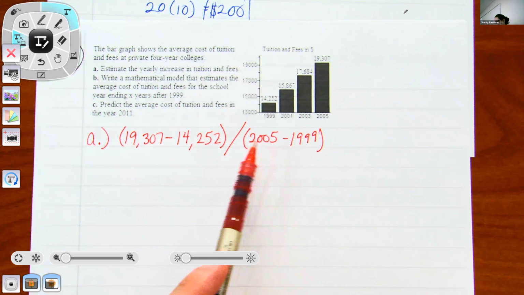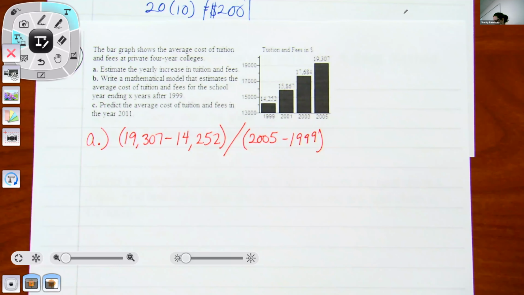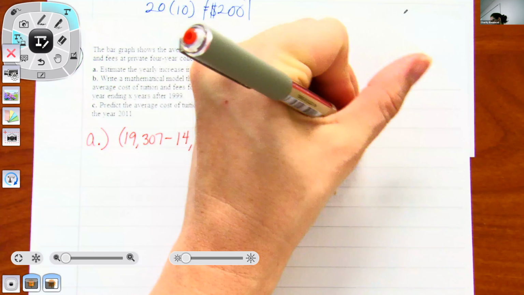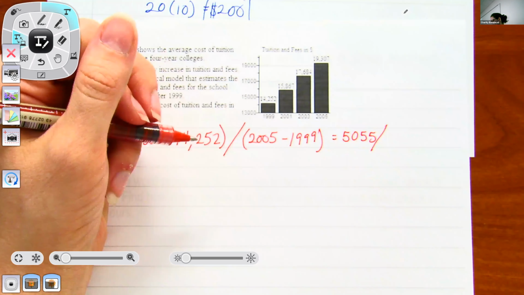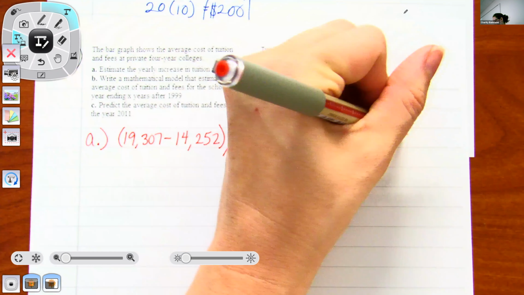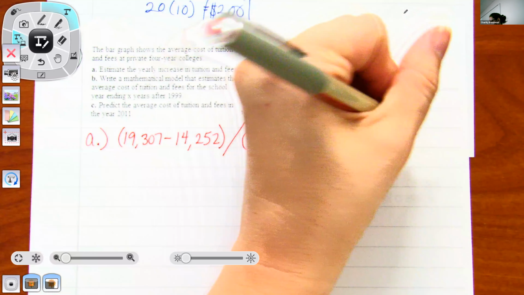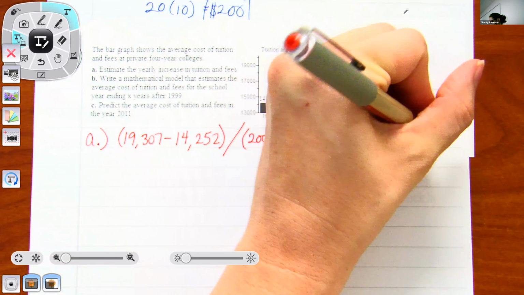Either way. All right, so I got $842.50.